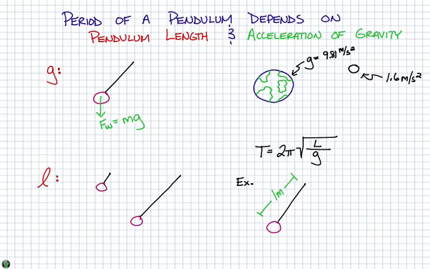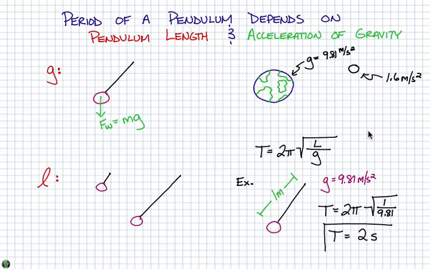And let's assume that this is on Earth. So if it's on Earth, we know that the acceleration is 9.81 meters per second squared. So if we take a look at our equation right here, we know that the period for this pendulum on Earth is going to be 2 pi, multiplied by the square root of our length, which is 1 meter, divided by our acceleration due to gravity, which is 9.81 meters per second squared. If you plug that into your calculator, you're going to find that this period is essentially 2 seconds.